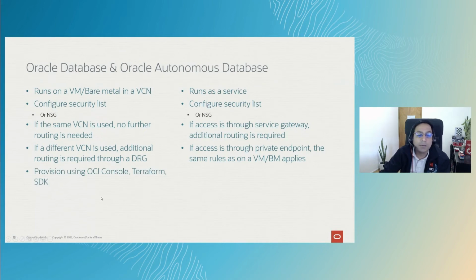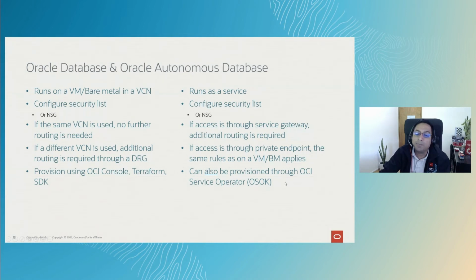In terms of provisioning, you can provision using the OCI console, the CLI, Terraform, or the SDK. Whereas for the autonomous database, in addition to these, you can also provision it through the OCI Service Operator. The OCI Service Operator is an open source Kubernetes operator that Oracle has developed, and you deploy it on your Kubernetes cluster.